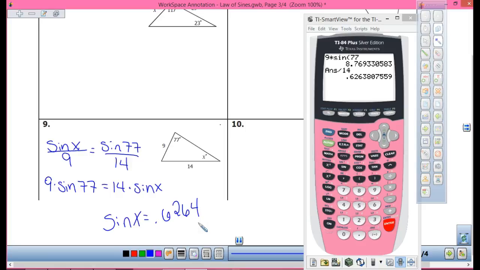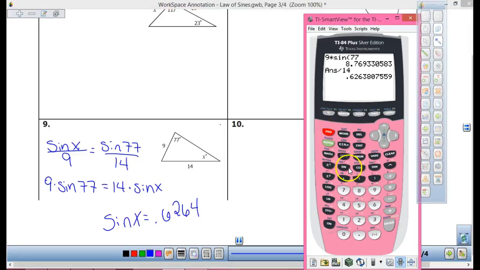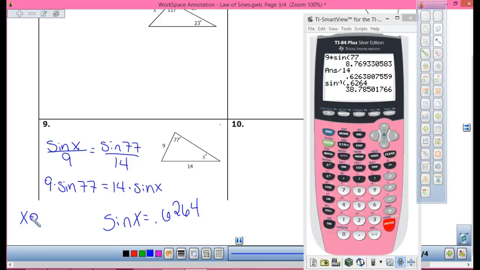Otherwise, it's not going to work. Because now you have to hit second sine, because we got to take the inverse. So second sine of 0.6264, and we get x equals 38.8.